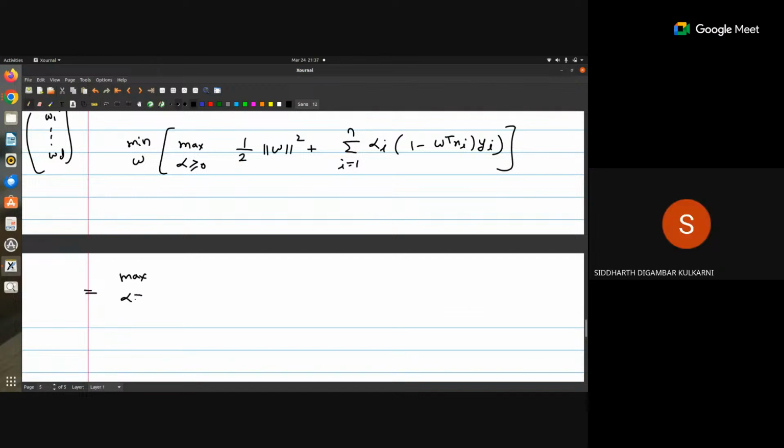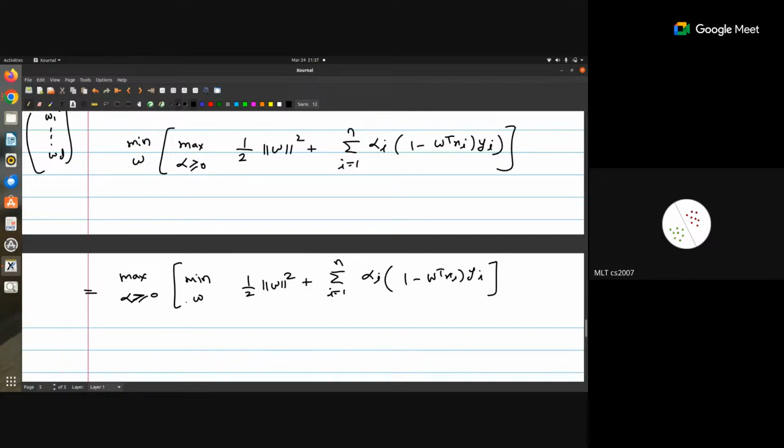Maximize for alpha greater than or equal to 0, and then minimize for w of the w square term plus the summation over i equal to 1 to n of alpha i into 1 minus w transpose xi into yi.